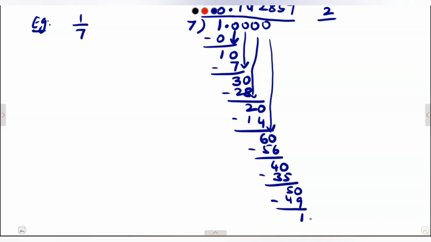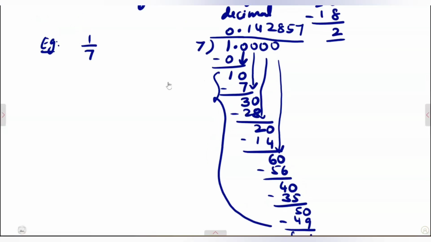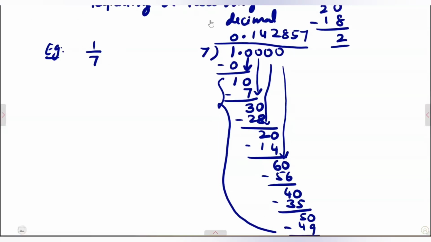So from here onwards, the same pattern starts again. So we can stop the division and write 1 by 7 is equal to 0.142857, and after that it starts again, 142857 and so on.